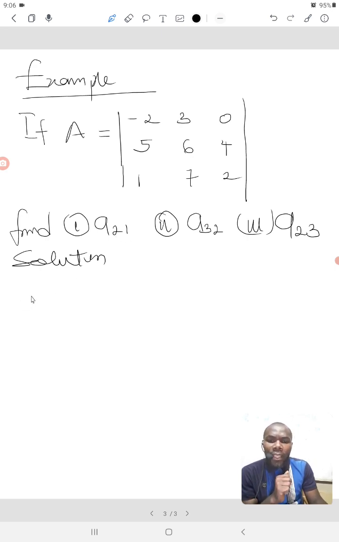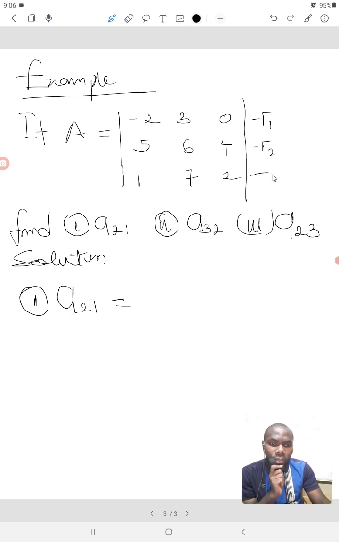So what will be A row 2 column 1 for number 1? You trace it. This is row 1, this is row 2, this is row 3. This is column 1, this is column 2, this is column 3.